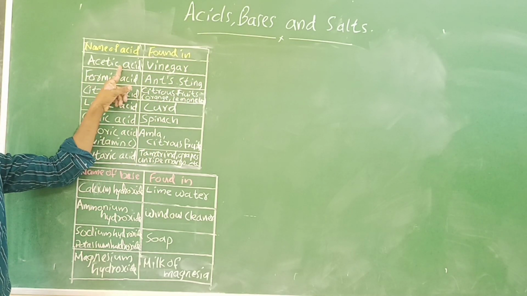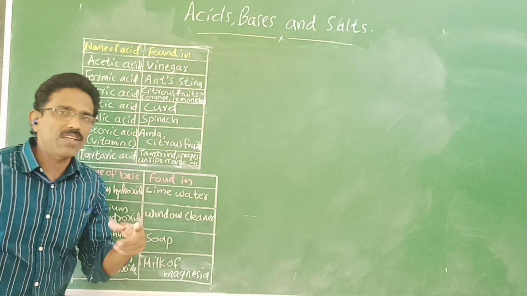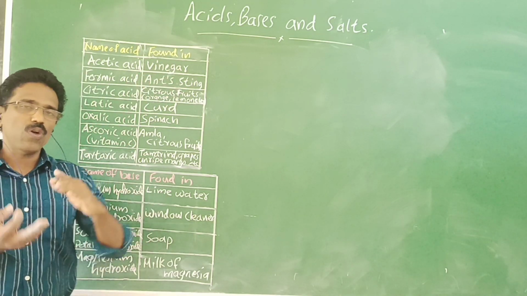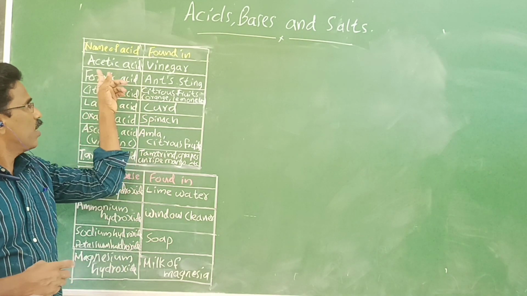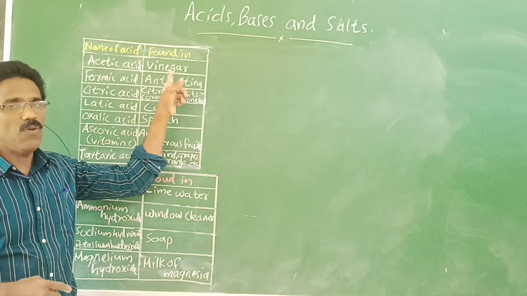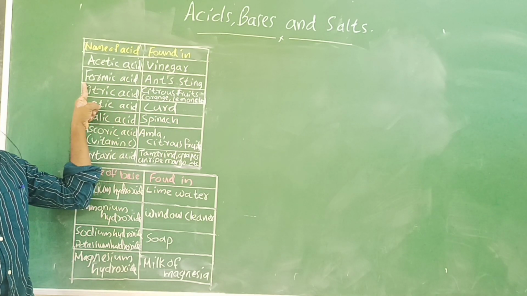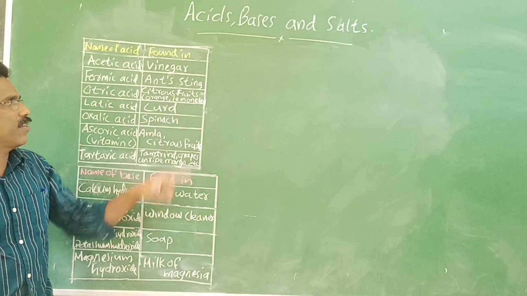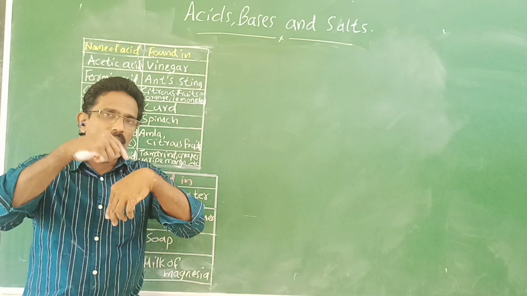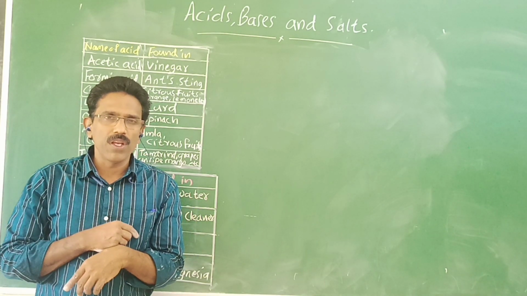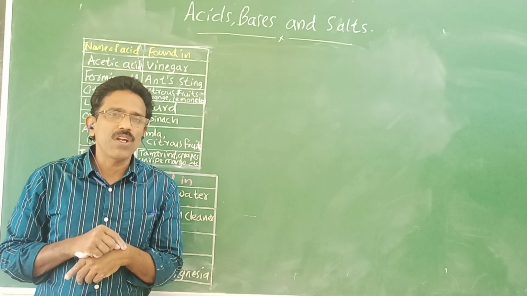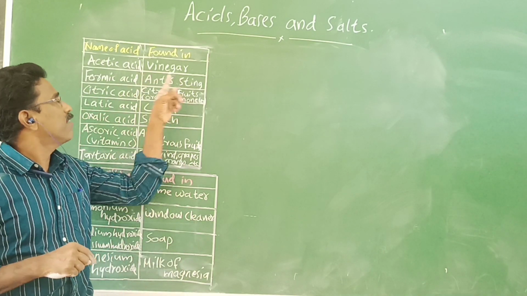See, acetic acid is found in vinegar, which we use for preparing pickles. Formic acid is found in ant stings. You know, when an ant bites us, it injects an acid into our body, and that acid is called formic acid.